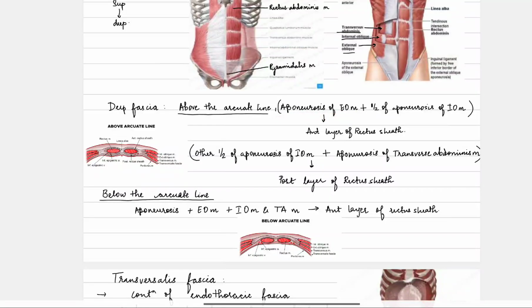The aponeurosis of the external oblique muscle and half of the aponeurosis of the internal oblique muscle form the anterior layer of the rectus sheath. The other half of the aponeurosis of the internal oblique muscle plus the aponeurosis of the transverse abdominis muscle is the posterior layer of the rectus sheath.